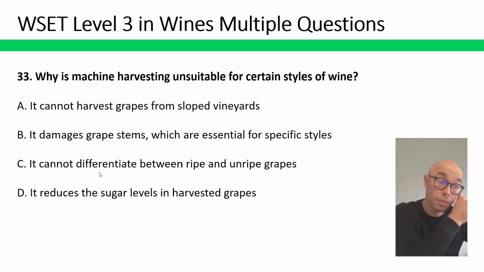I would say B, it damages grape stems, which are essential for specific styles of wine, like for example champagne or carbonic maceration. So B.